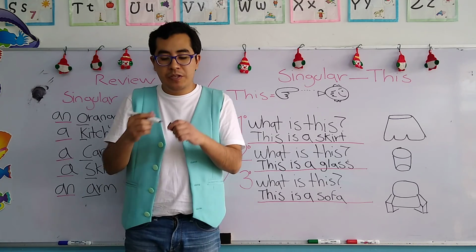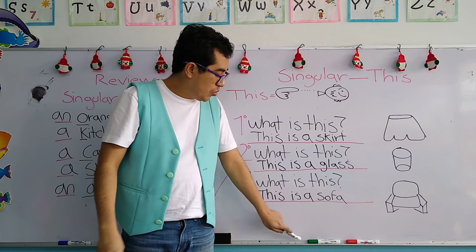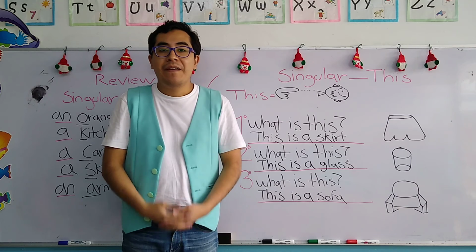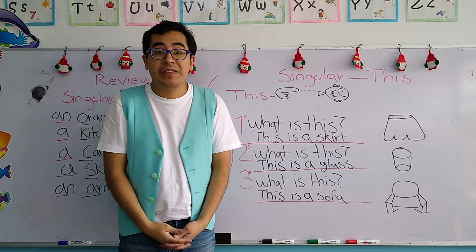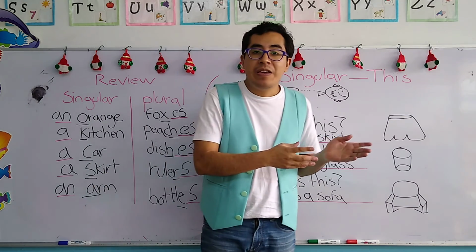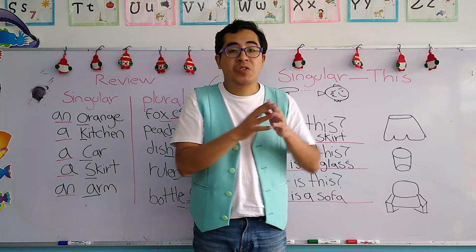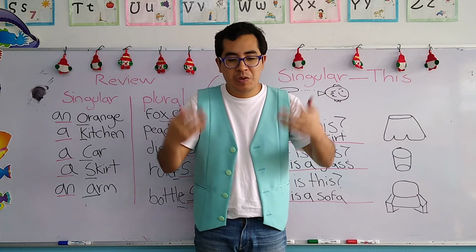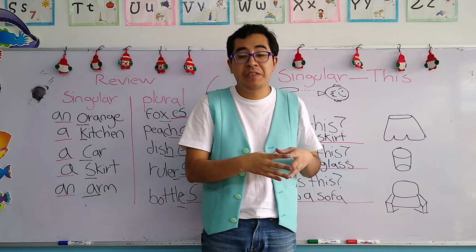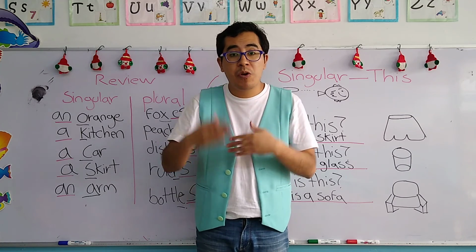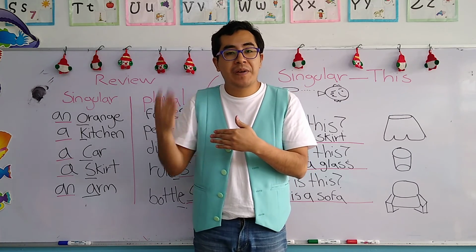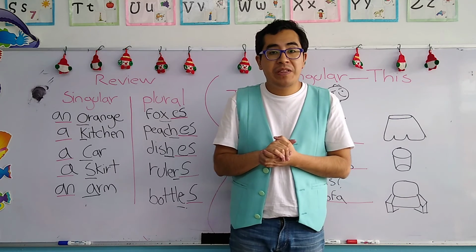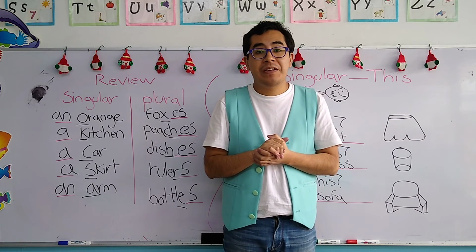This is a sofa. Esto es un sofá. Okay? Very good. Excellent. Now, don't worry if this was a little bit difficult. No se preocupen si se les hizo un poco difícil. We are going to continue working with this. Estaremos trabajando con este tema frecuentemente para que se les facilite, okay?